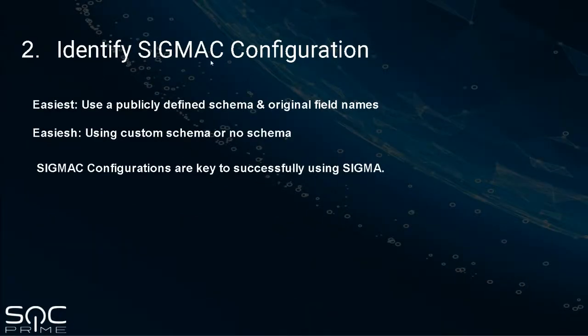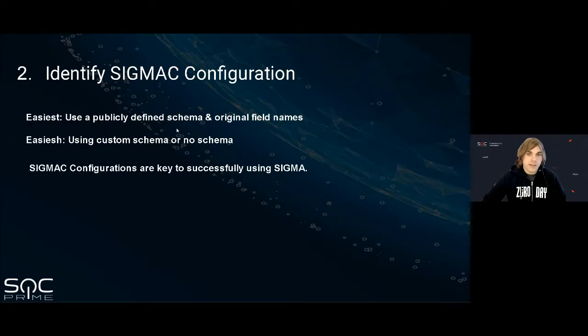And then you can identify your Sigmac configuration. So if you're using a schema, and by that I mean you're using Splunk's Common Information Model, or Elastic's ECS, or ArcSight's CEF, you're in good hands because there's probably a configuration for you.